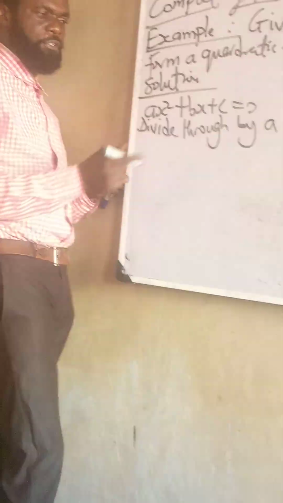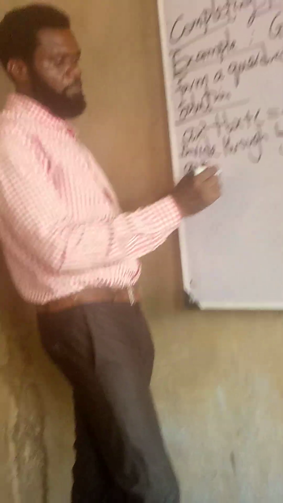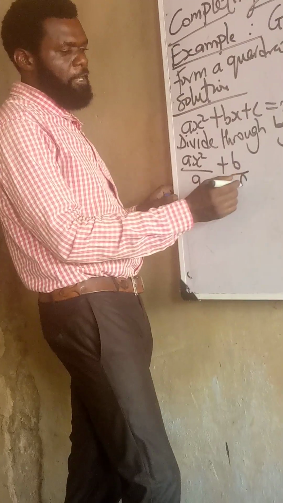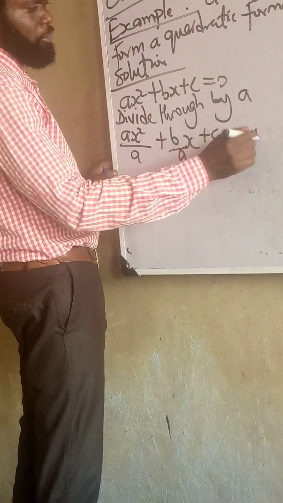So if I divide through by a, we're going to have ax squared divided by a plus bx over a plus c all over a equals 0 all over a.